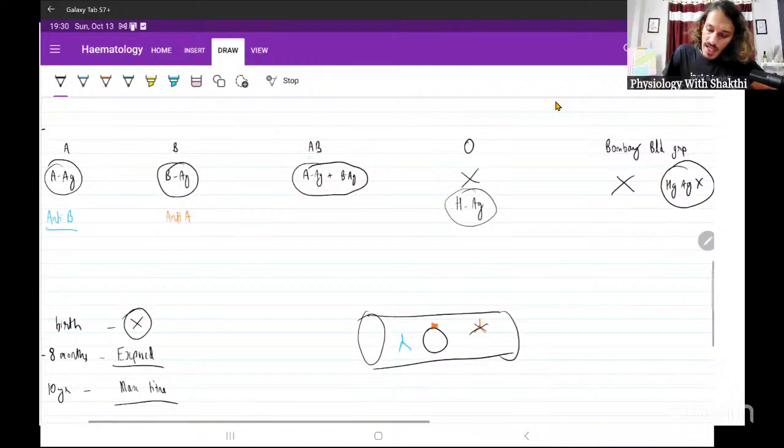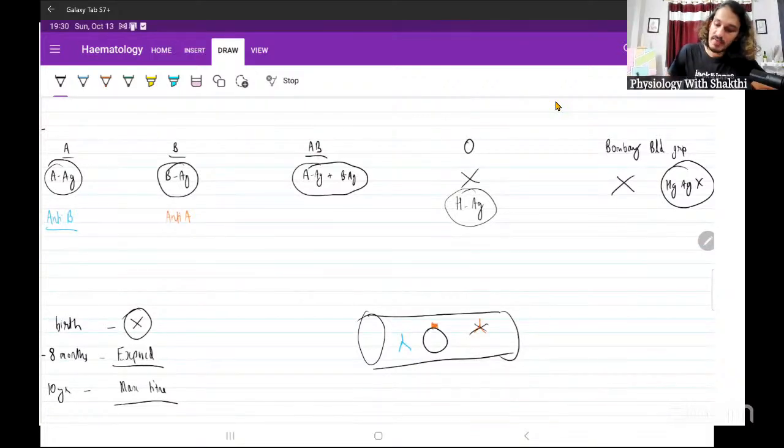Now we'll come to AB blood group. A person with AB blood group has both A antigen and B antigen. So both are self for him. So they do not usually have any antibodies because they are both self.